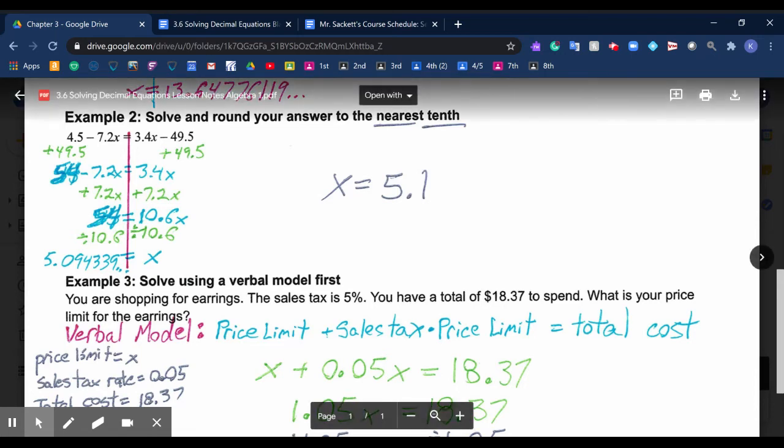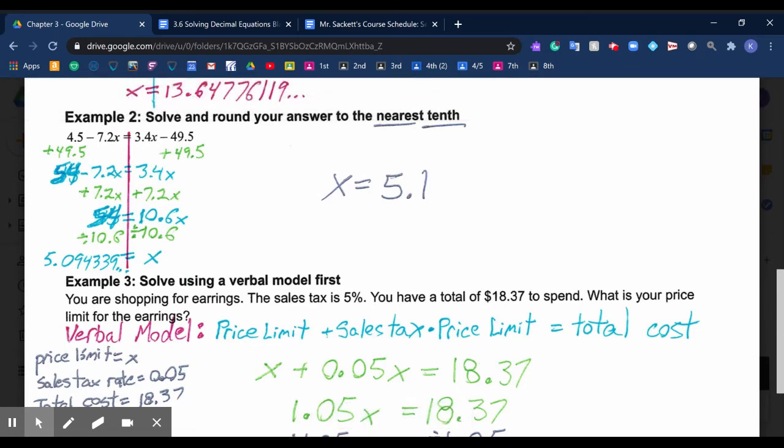So x would equal 5.094339, and so on. Now, if we're rounding that to the nearest tenth, we have 5.0 followed by a 9. So that would round the 0 up to a 1. So we would have x being 5.1 when we round to the nearest tenth.